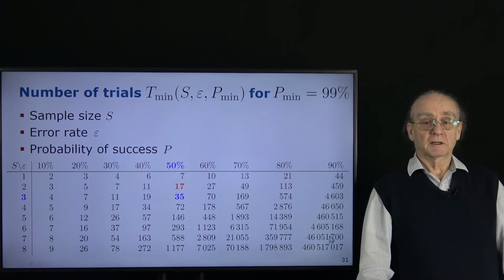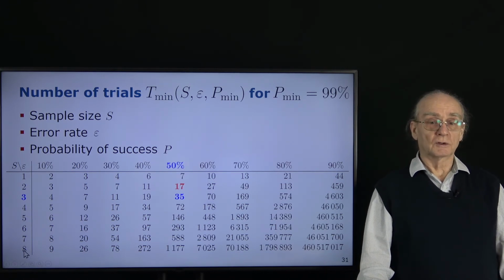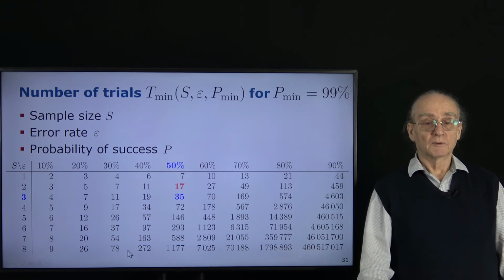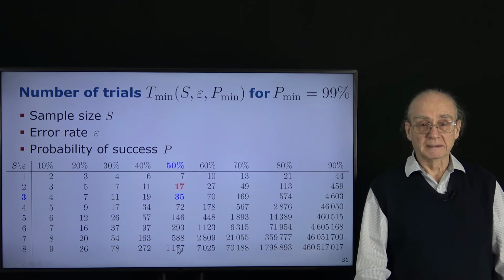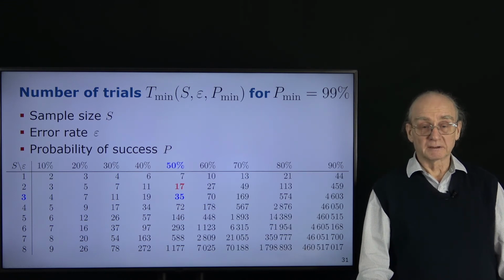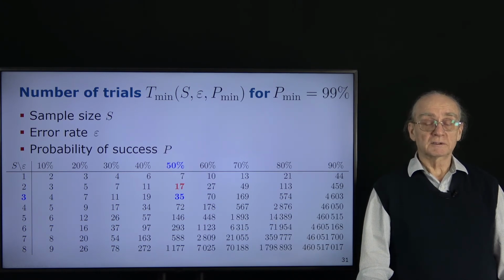So we generally identify this behavior of the number of trials, and we see that for a larger sample size which we have to draw, the number of trials necessary to get a solution with a high probability increases rapidly. Here with 50% outlier rate, we already need to draw about 1,000 samples.